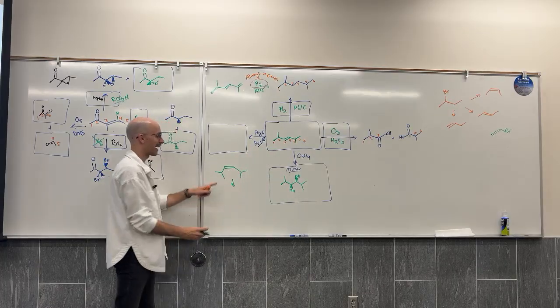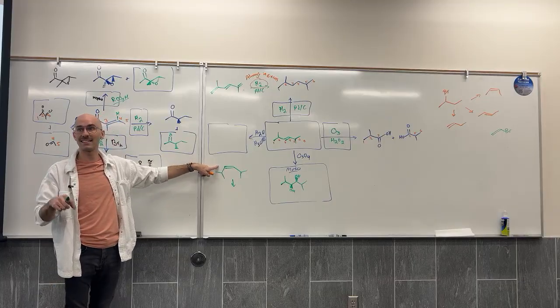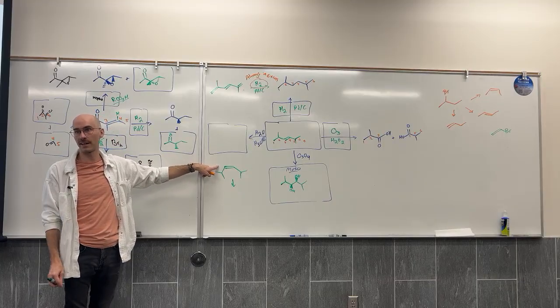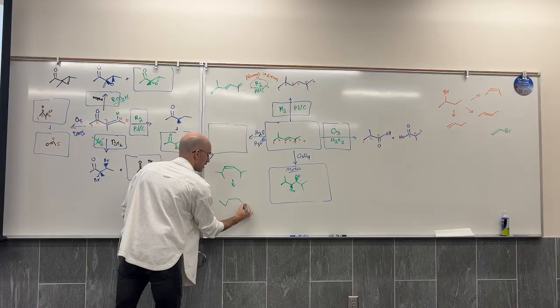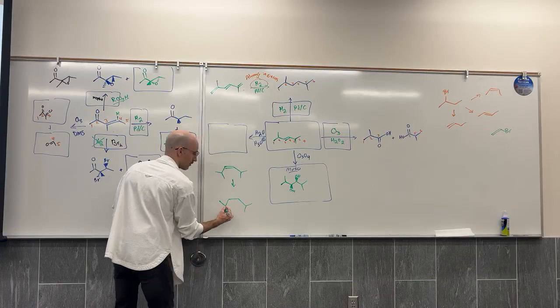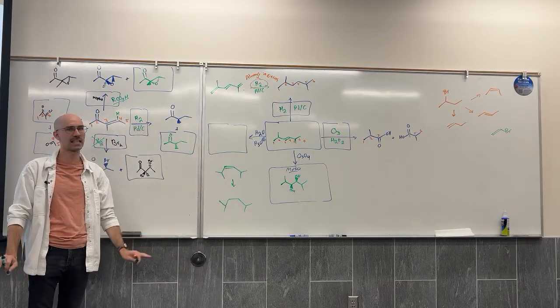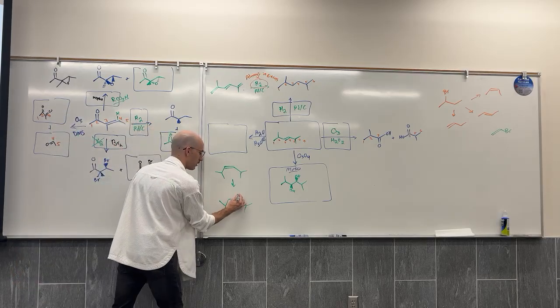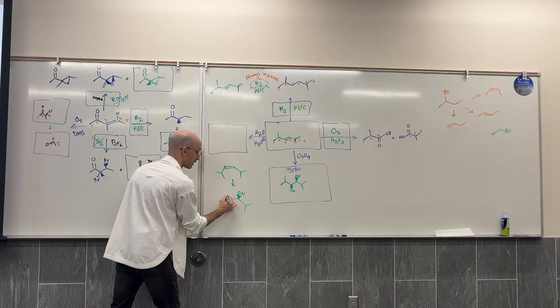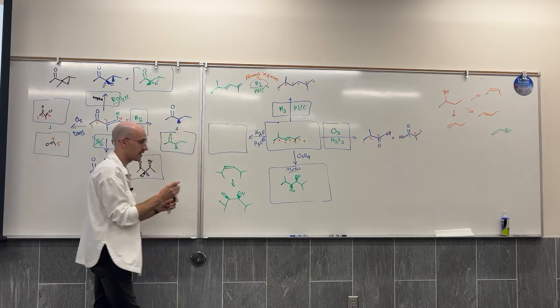But if my alkene is the cis stereoisomer, once again, I'm just going to copy down my carbon chain. I'm going to draw my carbon chain exactly how it looks. And I'm going to consume the pi bond. It's not trans. This is syn-diol addition.